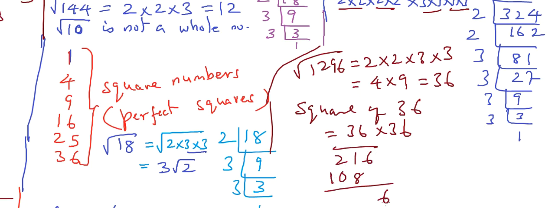So we get 1296, obviously. So the square of 36 is 1296 and the square root of 1296 is 36.